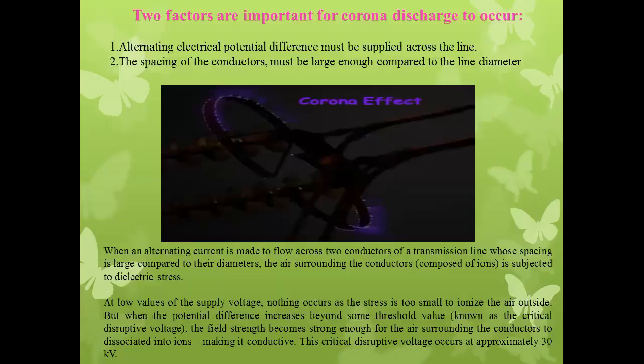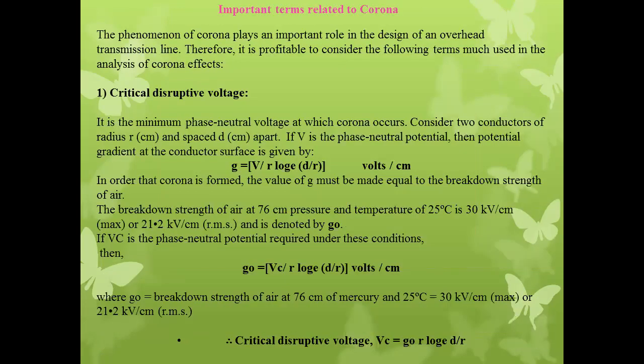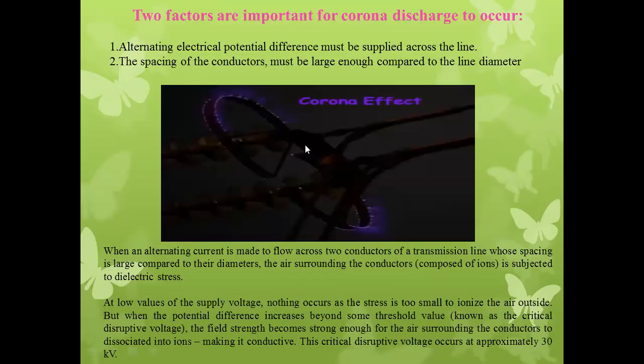Next we will see the factors. As I said earlier, corona discharge is actually the formation of an arc, whenever free electrons or ionized particles accelerate towards the opposite direction of their polarity.